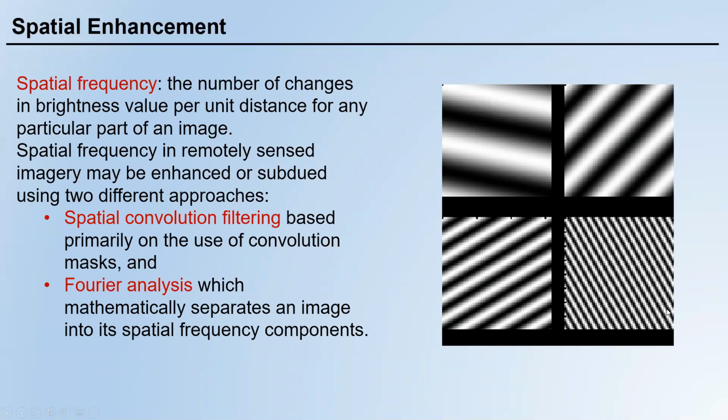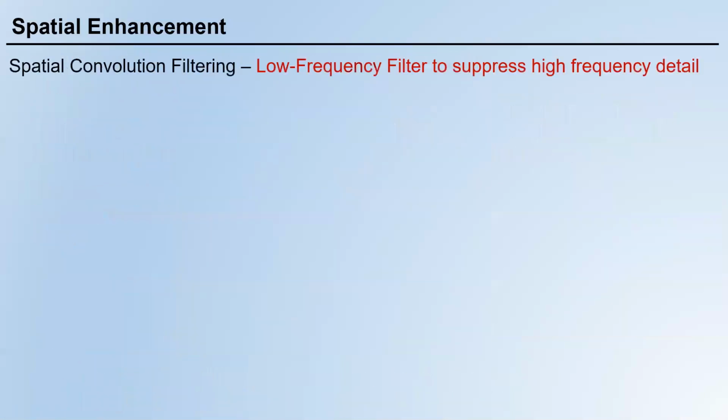There are a lot of boundaries between land cover type 1 and land cover type 2. Since the low frequency filter is here to suppress high frequency detail, you can imagine that its purpose is to smooth the boundaries among different land cover types.